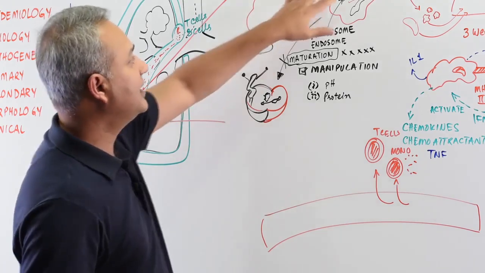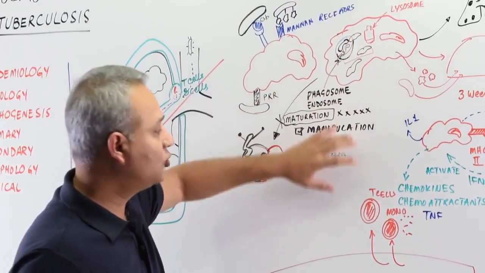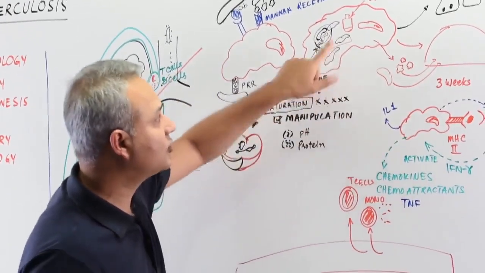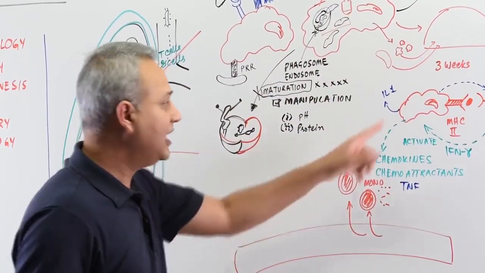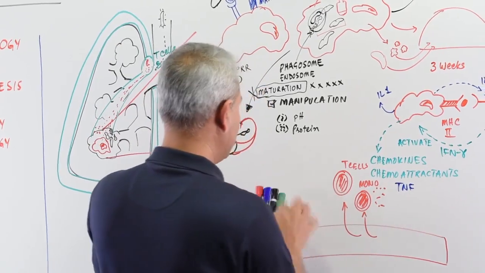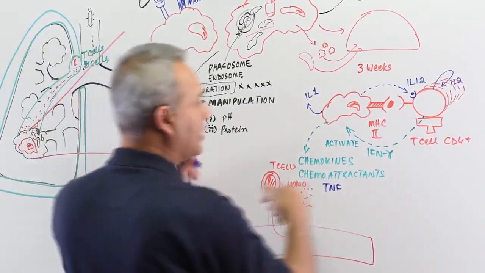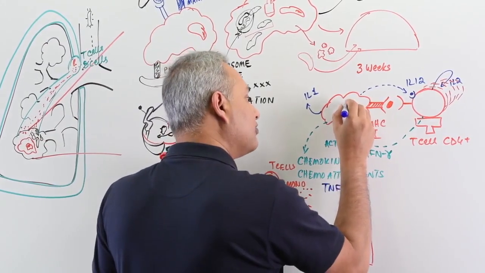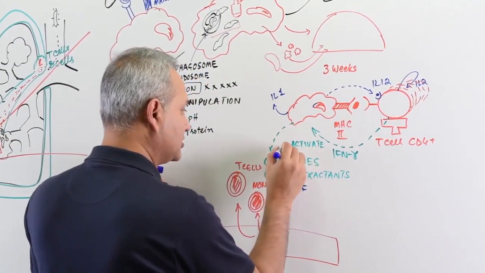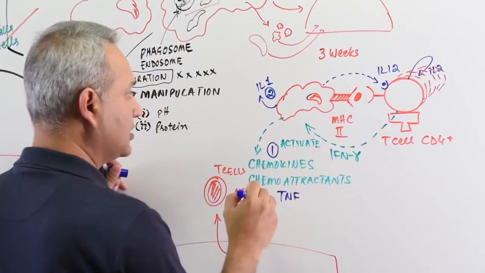Look, this pathogen can evade the macrophage. So when everything has become active to kill the pathogen, what will happen to the macrophage now? Let's see. Macrophage, when it is active, other than the chemokines, it will also do this. So this is one, chemokines. Second, some interleukins.